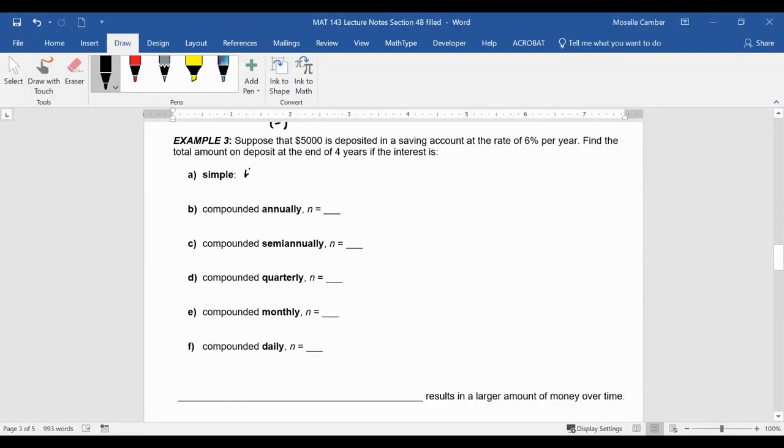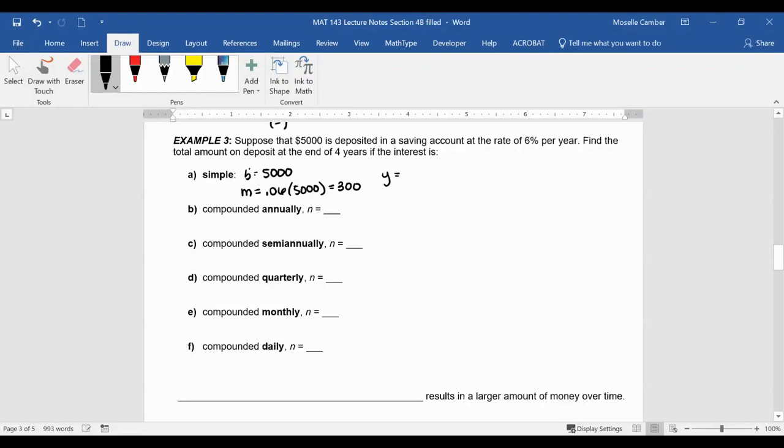So for simple, you're going to start with 5,000. And then each time you're going to increase by 6% of your deposit, so 0.06 times your deposit, which is 300.